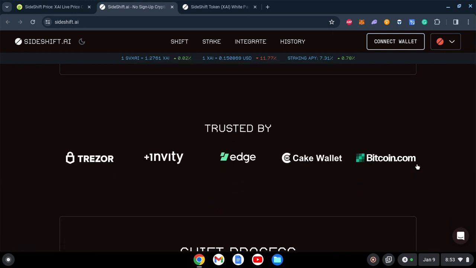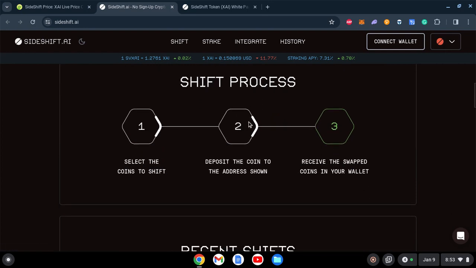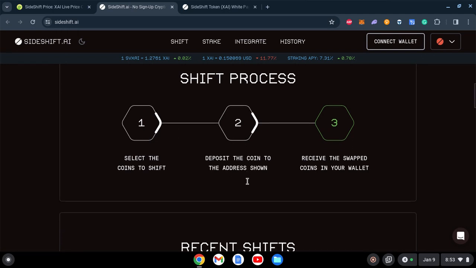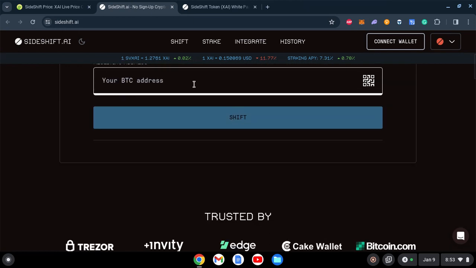So it is trusted by all these, probably Trezor and bitcoin.com and all that. Shift process: select the coins to shift. So of course, first you will have to select Ethereum, then deposit the coin to the address shown, and then receive the swapped coins in your wallet, and you will have to mention the address here.